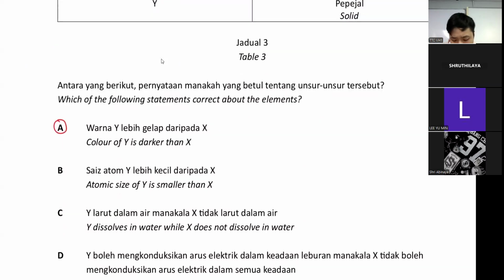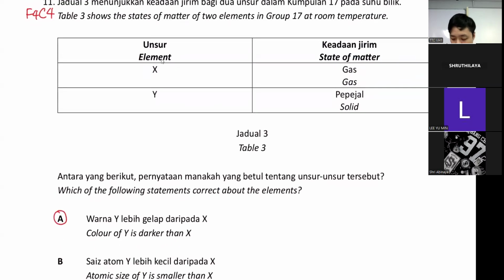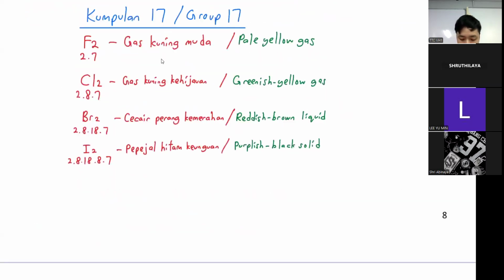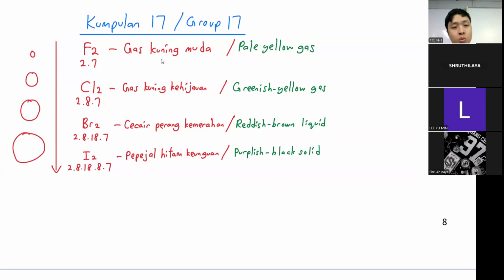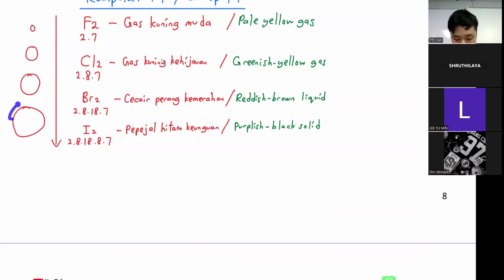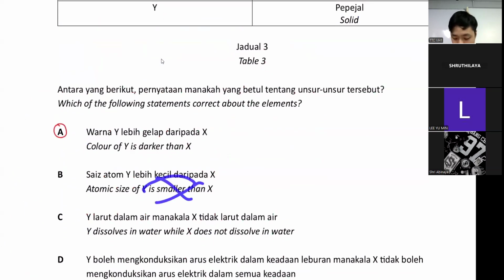Okay, B, atomic size of Y is smaller than X. No, because going down group 17, or any group, normally the size will increase. So of course the bottom one is bigger, not smaller.